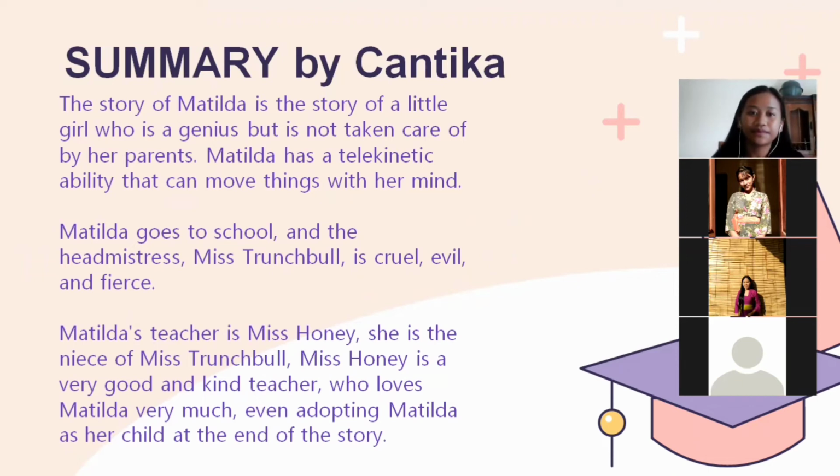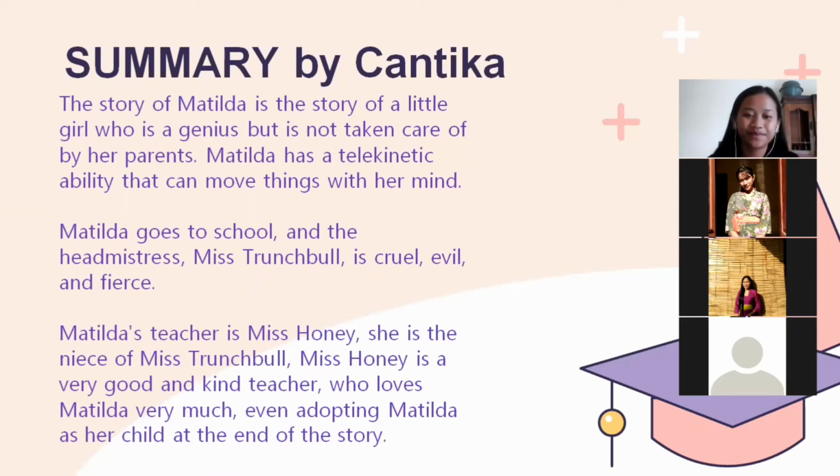Okay, Miss, thank you for the time. So, the story of Matilda is the story of a little girl who is a genius but is not taken care of by her parents. Matilda has a telekinetic ability that can move things with her mind. Matilda goes to school and the headmistress is Miss Trunchbull, who is cruel, evil, and fierce.